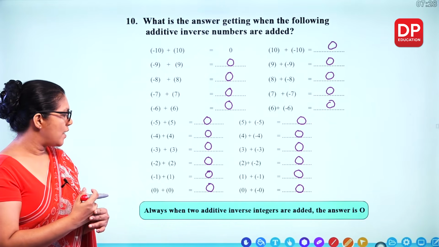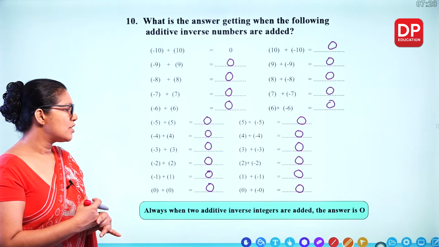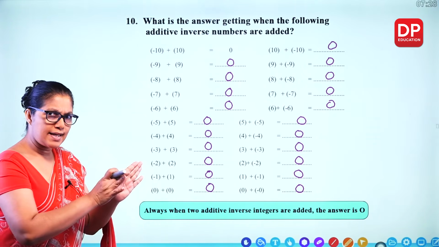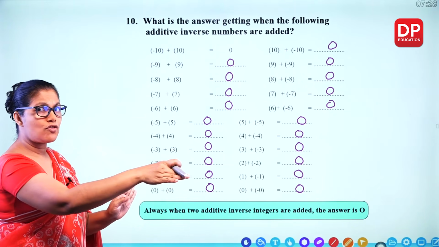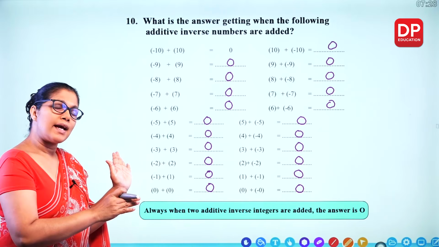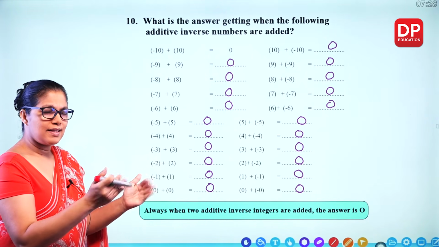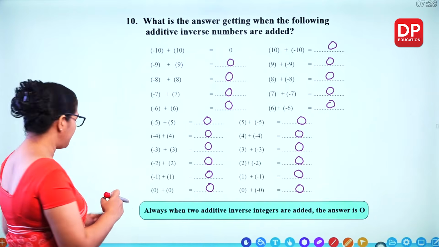So always when two additive inverse integers are added, the answer is 0 because they get cancelled out. Positive means towards right side. Negative means towards left side. So same distance, it gets cancelled out.